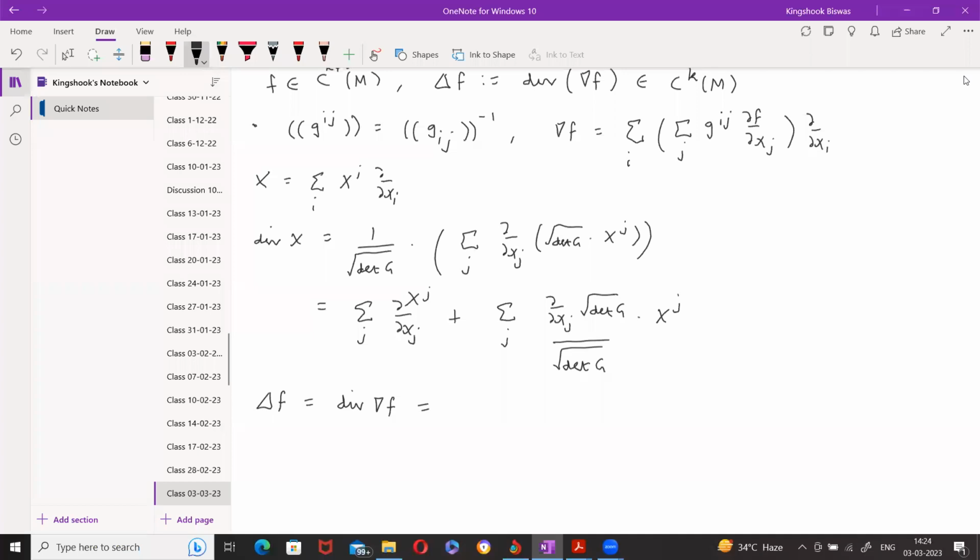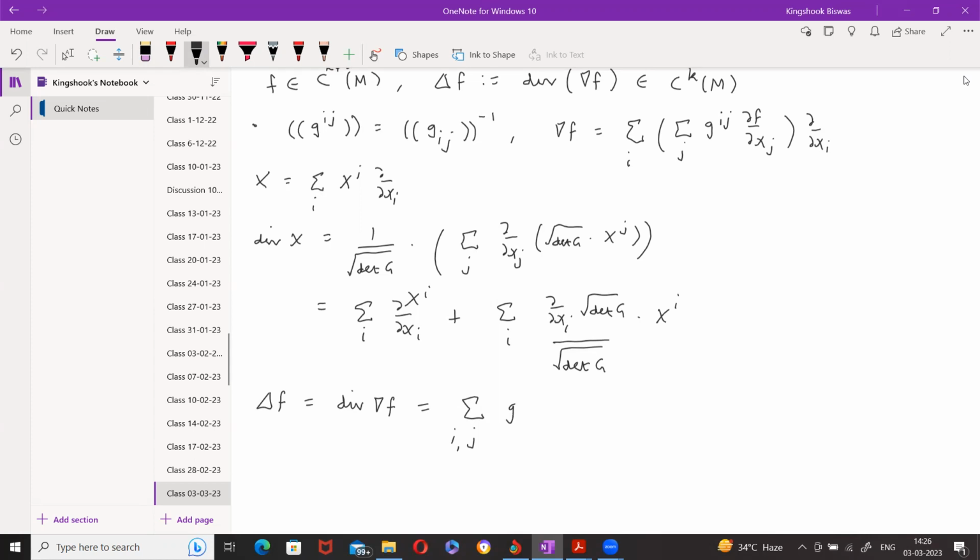Okay, let me make this a sum over i. So, okay, I'll just write out what you get. So what you'll get is the highest order term. It's easy to see. It will be sum over i, j, g upper ij. So see, the highest order term will come when I differentiate f and leave the Gij's alone, right?